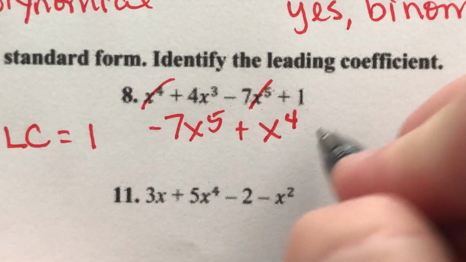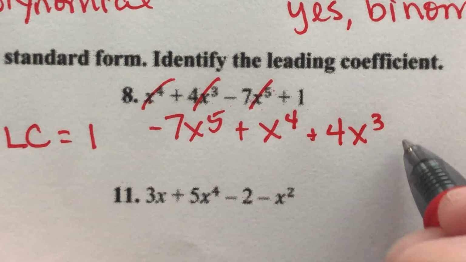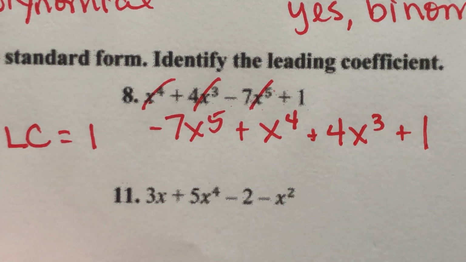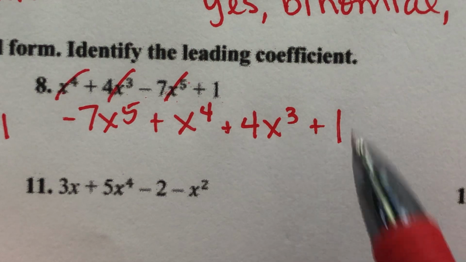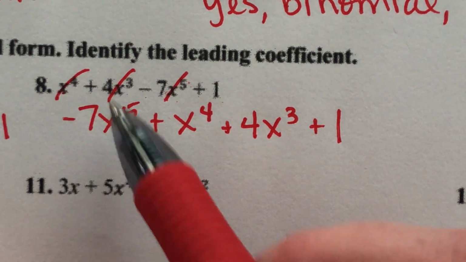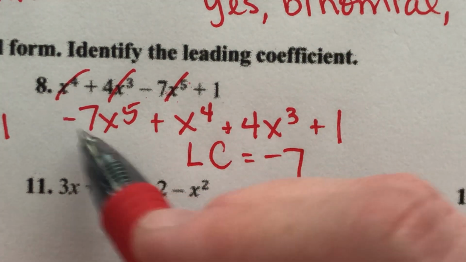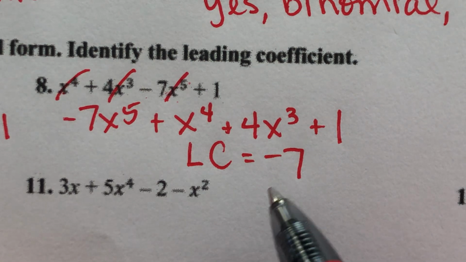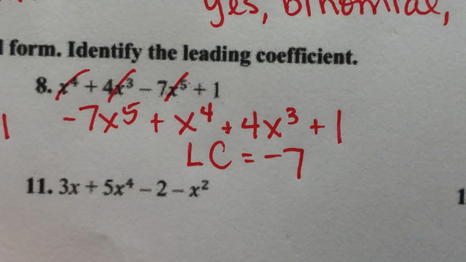Then I have an x to the 3rd, so plus 4x to the 3rd. And then lastly, I have this 1. Okay, so here's my polynomial in standard form, biggest to smallest in exponents. And the leading coefficient here is a negative 7. So LC, there is no rule that you can't have a negative in front. That's fine. We're just identifying what it is right now, so negative 7.